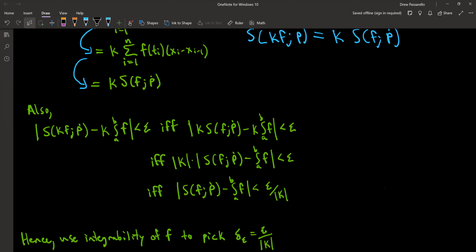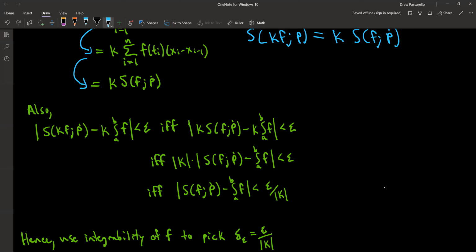Also, the absolute value of the difference of the Riemann sum of k times f minus k times the integral of a to b of f is less than epsilon if and only if, when we take out the constant k, k times the Riemann sum of f minus k times the integral of a to b of f is less than epsilon.